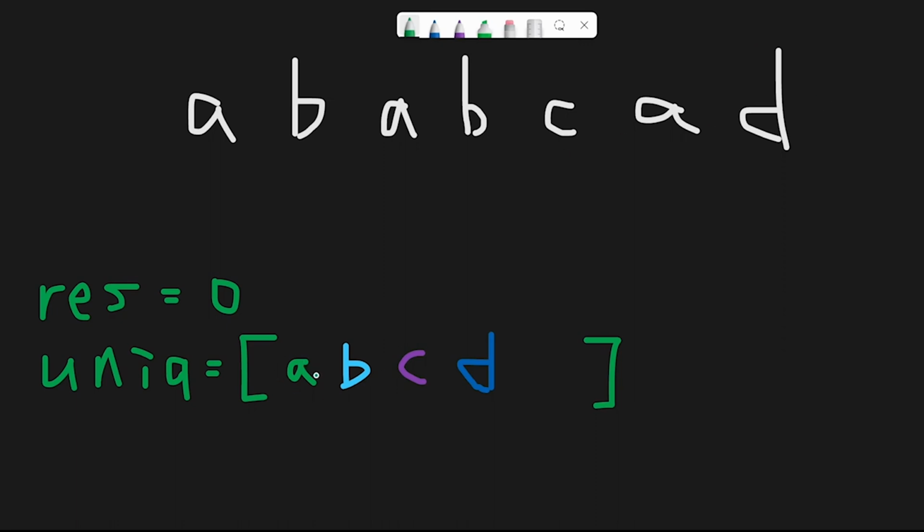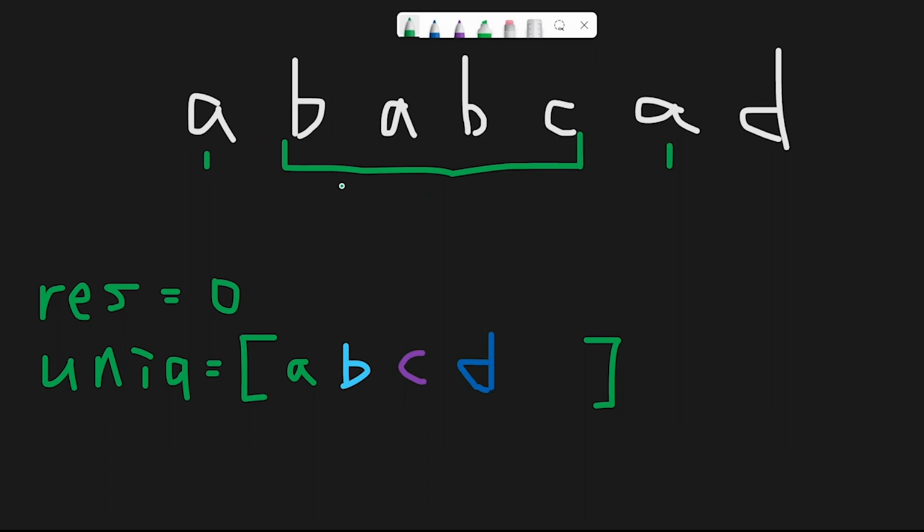So let's try to find A. We find A at index 0 here, and from the last, we find A here. So now we know that we can create 3-character palindromic subsequences if we make this area between them unique, because we already have the same characters, A and A, on both sides.